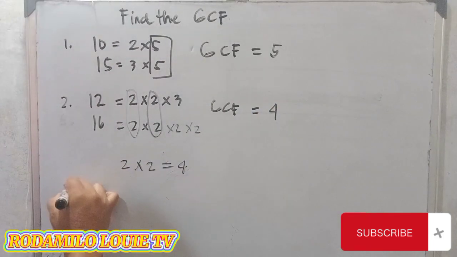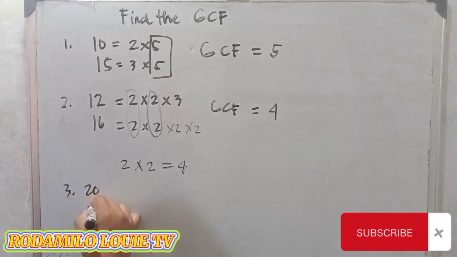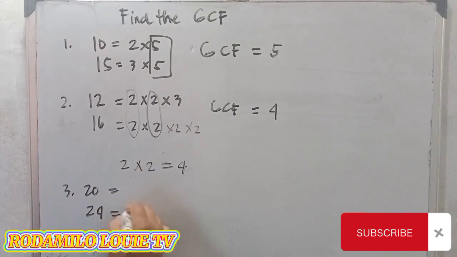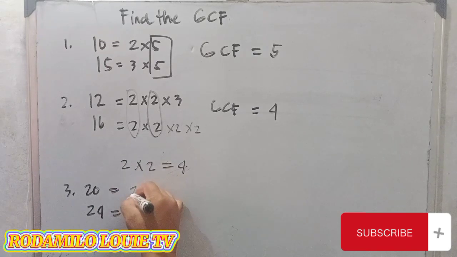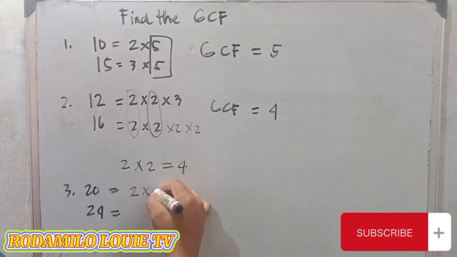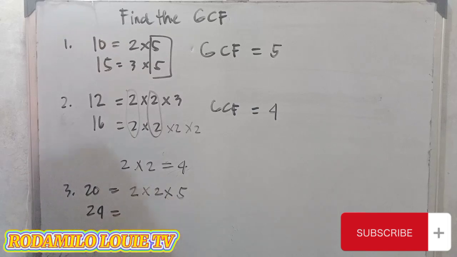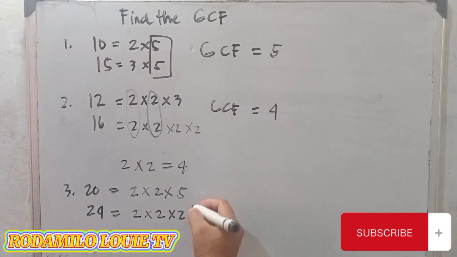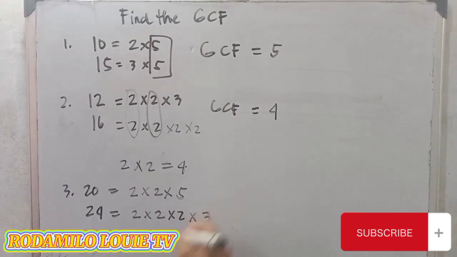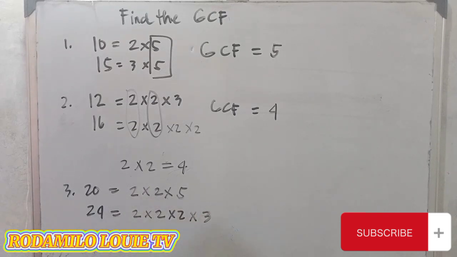Next, number 3, 20 and 24. So 2 times 2 times 5 is 20. So kini guys 24 man. 2 times 2, 4, times 2, 8, times 3 is 24.